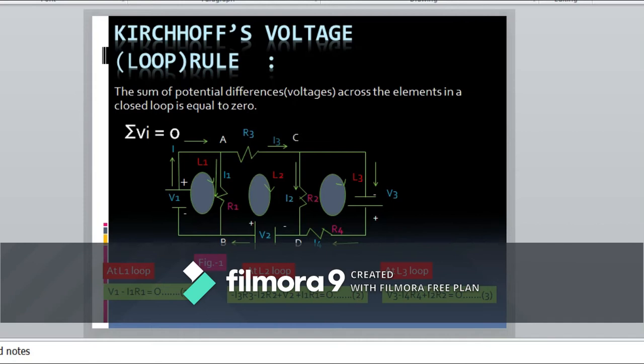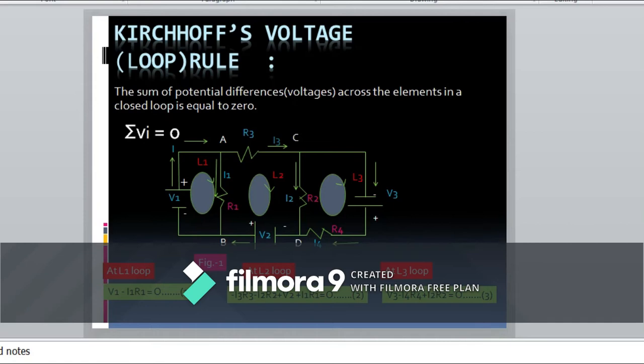I shall explain the details of sign convention of voltages. At L3 loop, V3 minus I4 R4 plus I2 R2 equal to 0, where I4 current is flowing across R4.